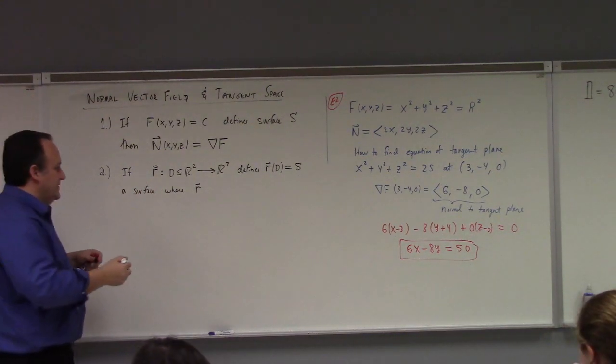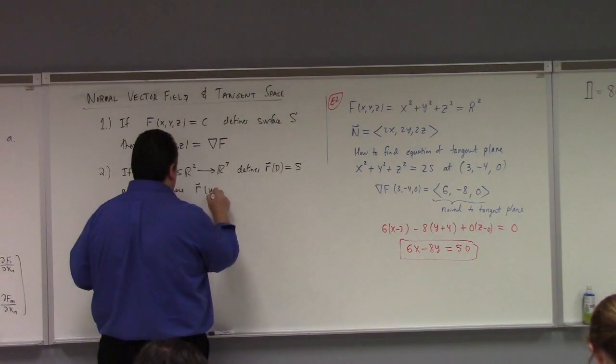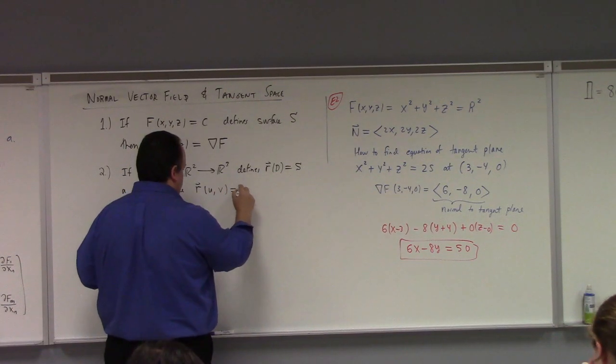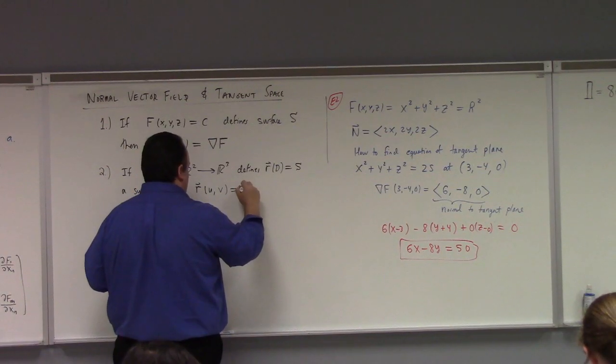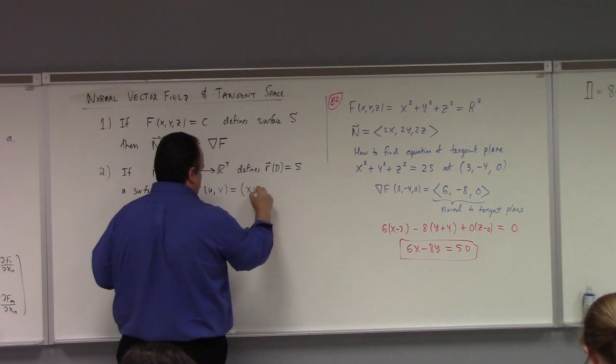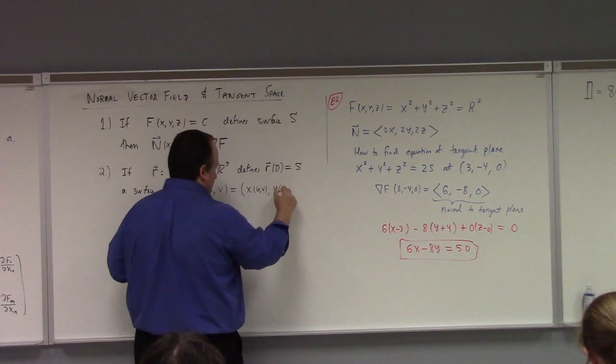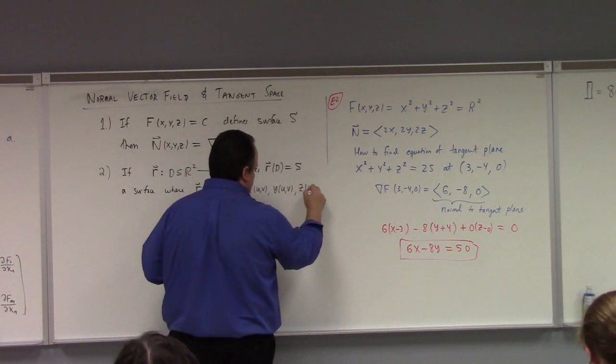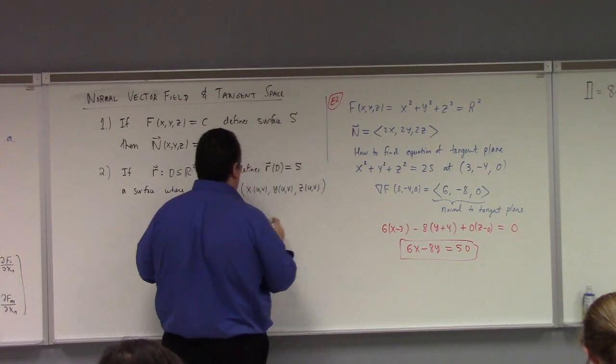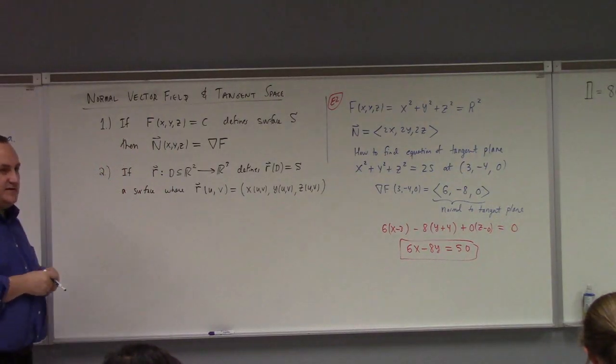Let me use u and v. It's a kind of standard notation. It's a little bit obnoxious because u and v look too much alike, but I try to make my v's super jagged. So there's my best attempt at it. Okay. But of course we've got x of u,v, y of u,v, z of u,v. These are my component functions of the parameterization.